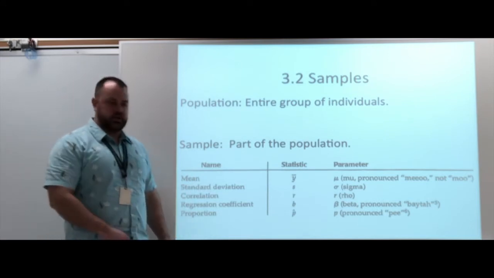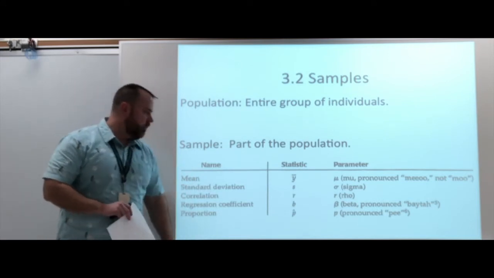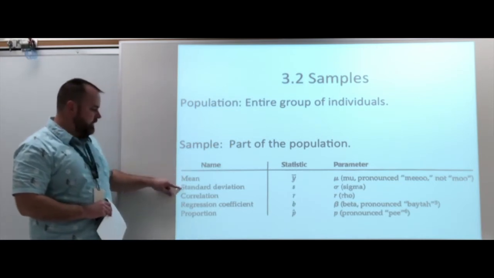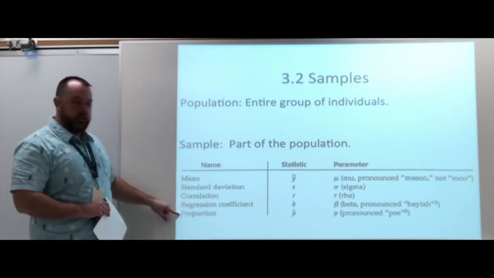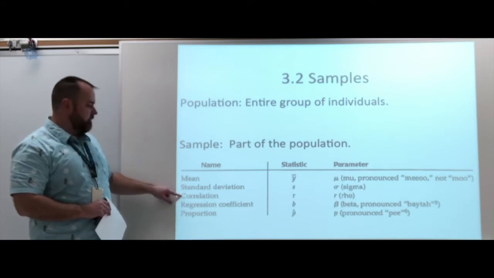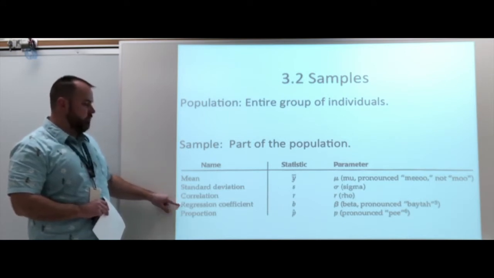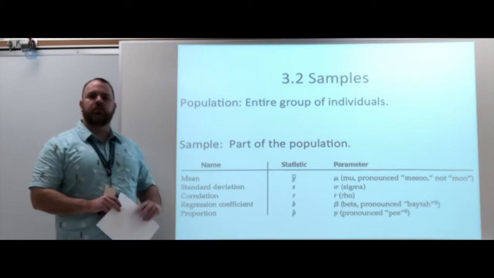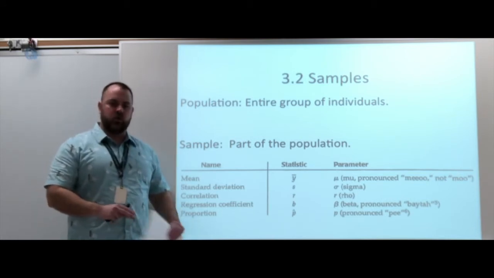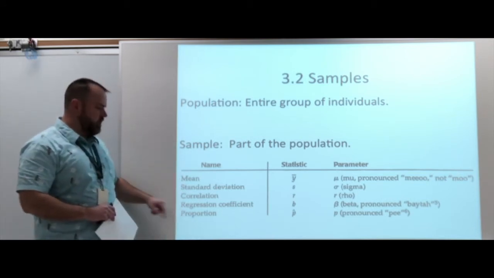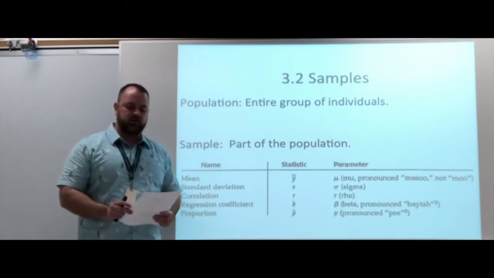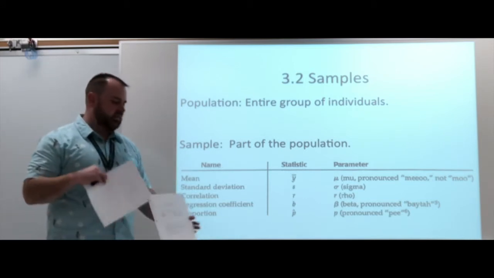You might want to pause it and jot these down real quick. The key ones you should look for: mean, standard deviation, and proportion. Yes, I might have a copy down correlation, the regression coefficient. I'm not horribly concerned about them for this course. Mean, standard deviation, and proportion are the three that you should focus on for what we're going to be doing in the problem stack.